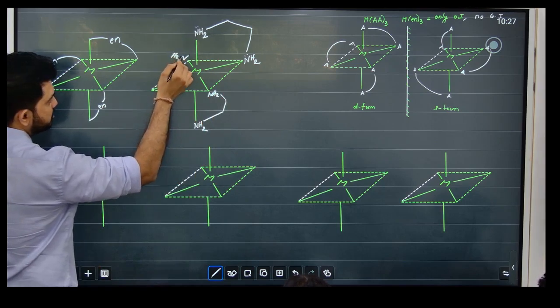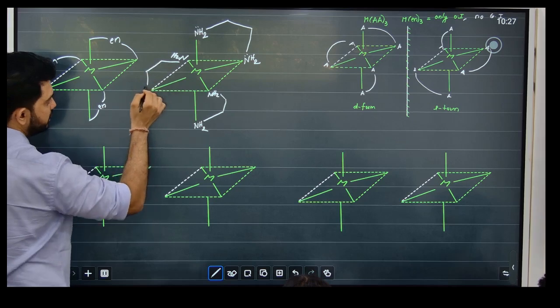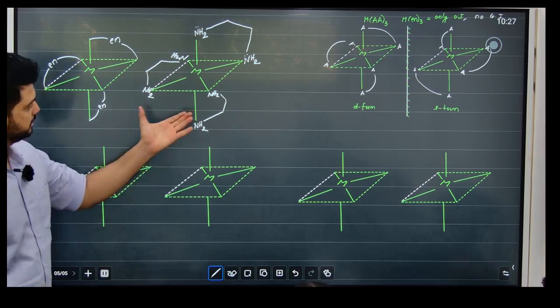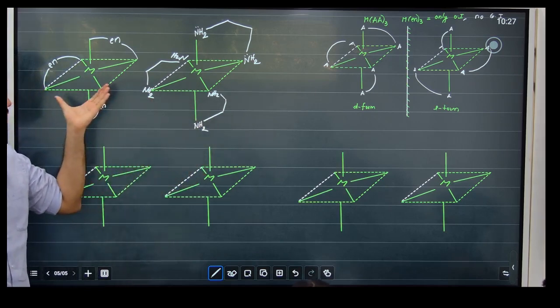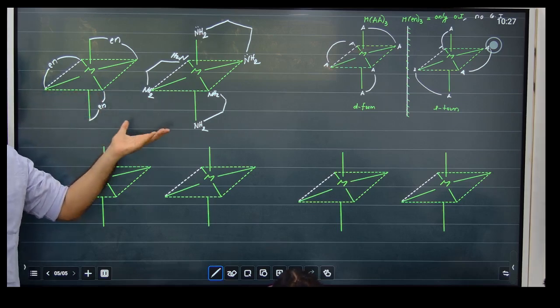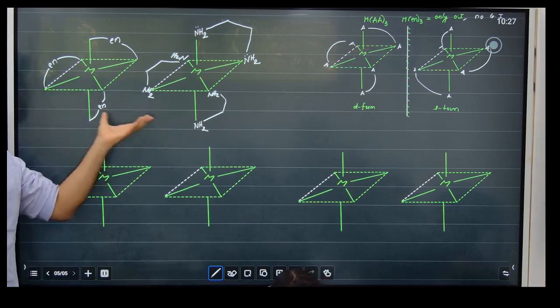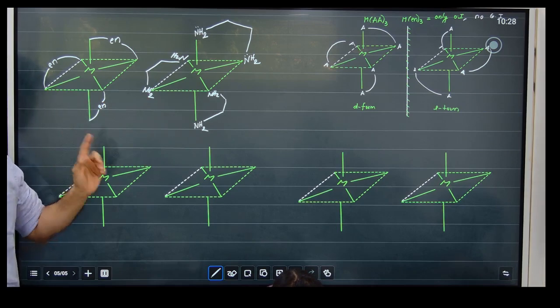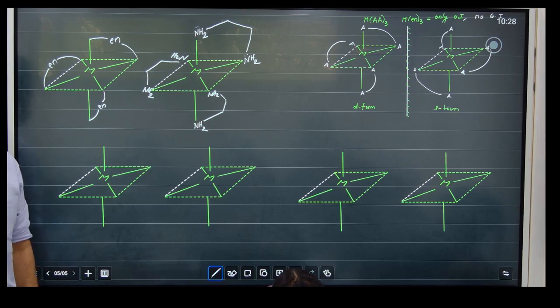Or the third one is over here, NH2, CH2, CH2, and then you can make it like this, or you can make it like this, because this is for both basically. दोनों में से कोई भी स्ट्रक्चर बनाओ, both are correct. I've just made the D form, उसका mirror image. I want you people to do it.